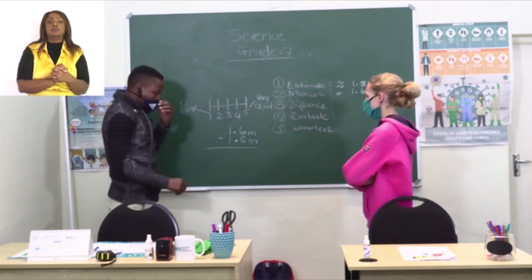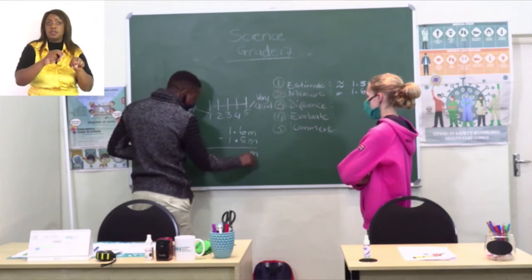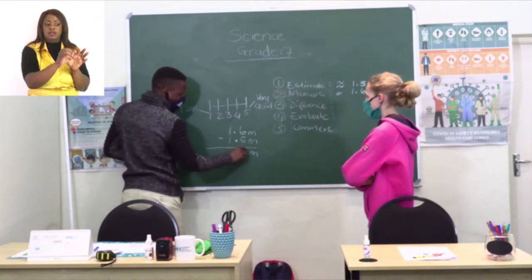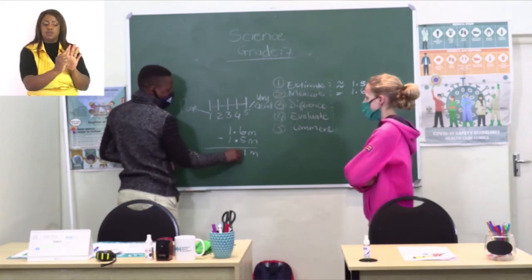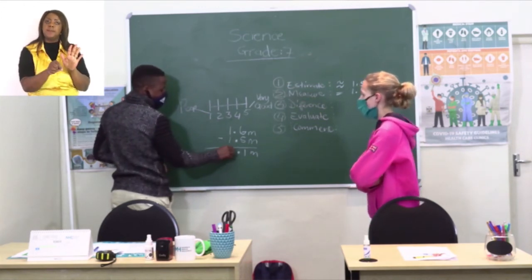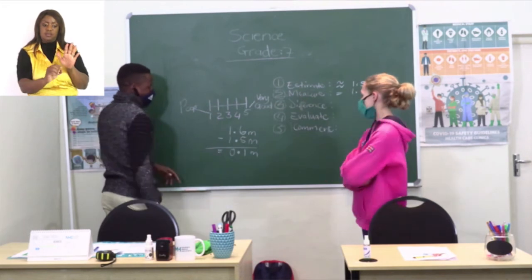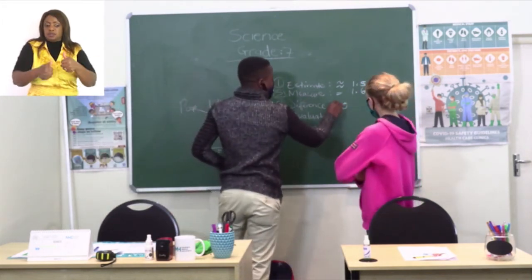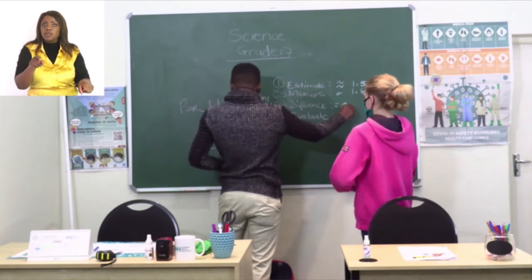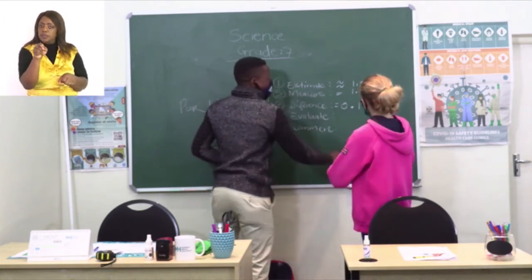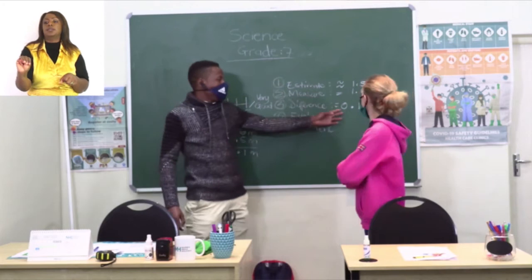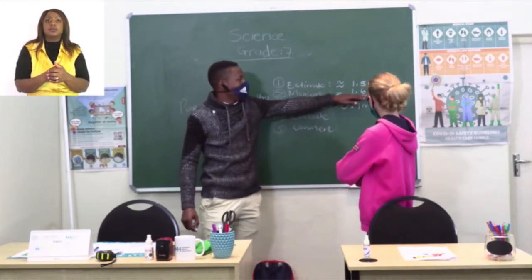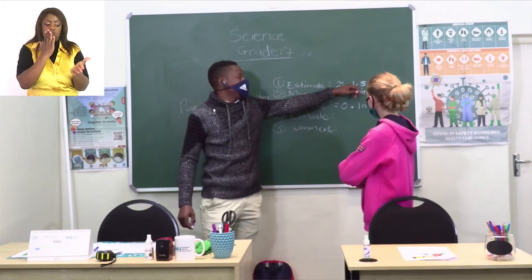To subtract that, I'll have it here. Take away 5 from 6, you have a 1. I have my point, and then obviously you have a 0 here. So the difference here, I'll have 0.1 meter.